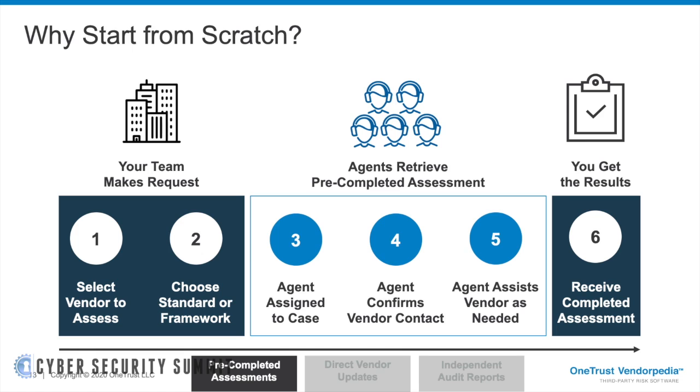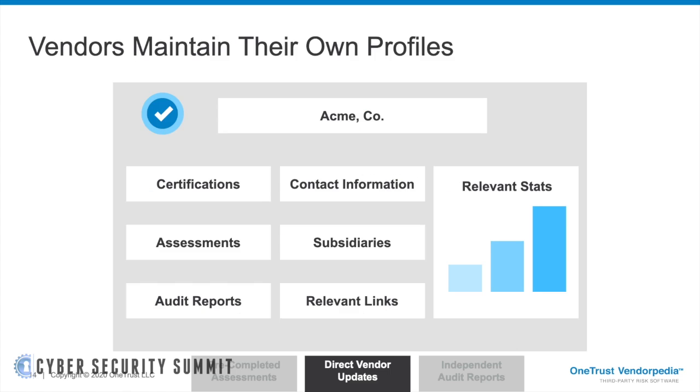It's important to note this can be a standard or framework commonly used, or this could even be a custom assessment. And this is being done so that your team can focus on the actual risk management portion and not chasing to obtain a completed questionnaire.